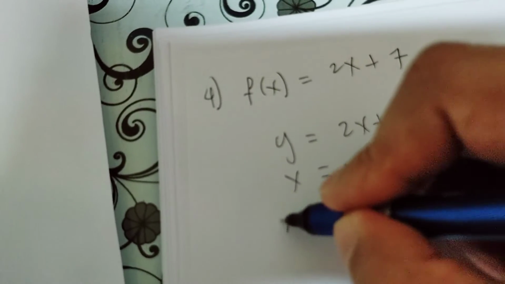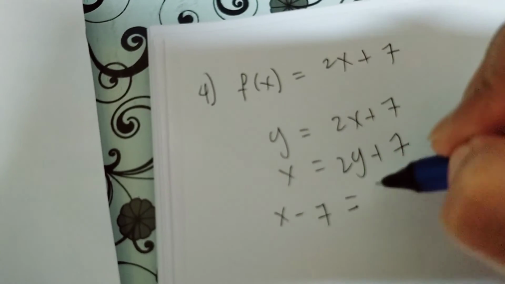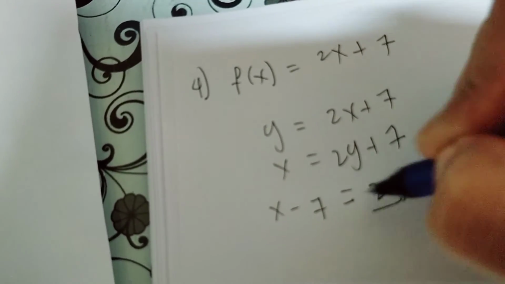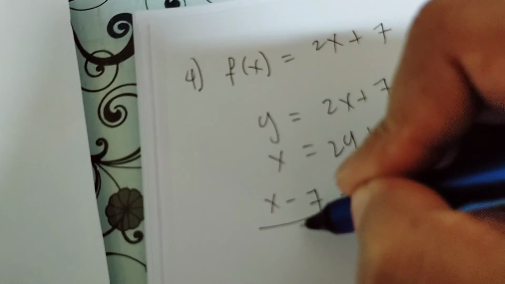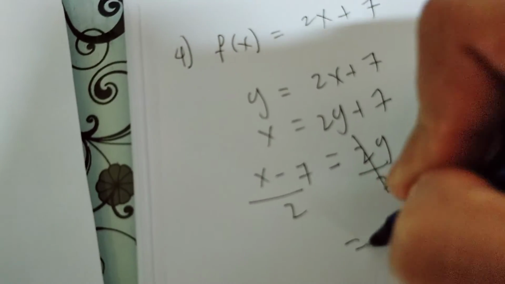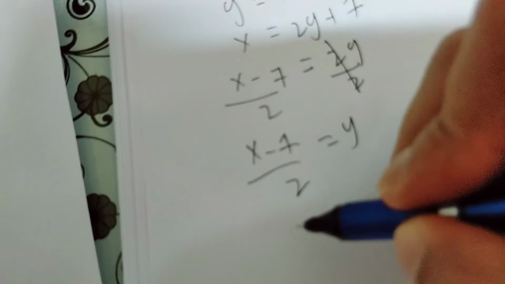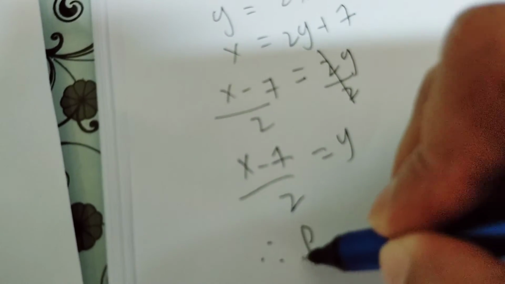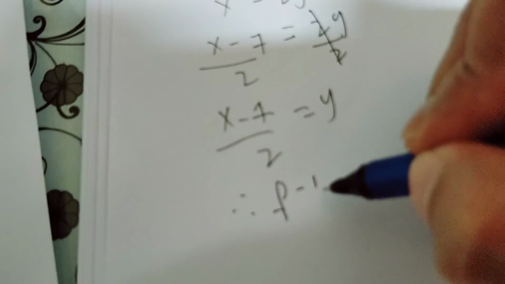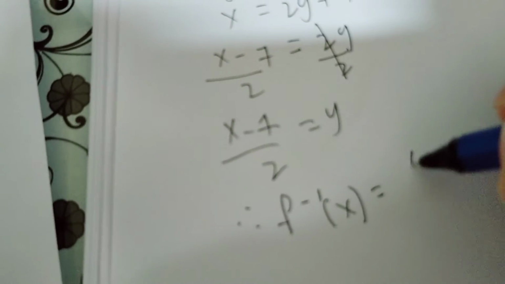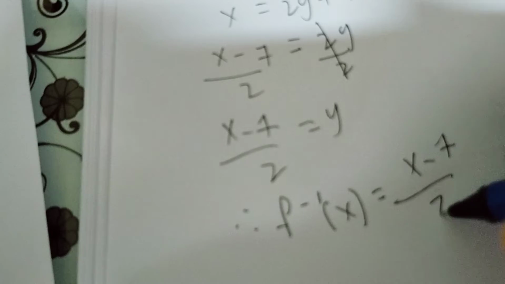Solve for y. X minus 7 equals 2y. Then divide both sides by 2, cancel 2. Y is equal to x minus 7 over 2. So, therefore, the inverse of the function is equal to x minus 7 over 2.